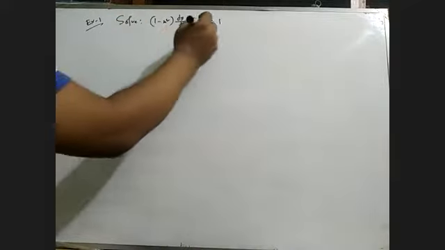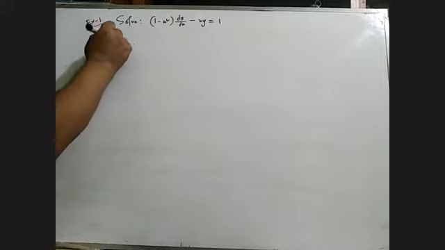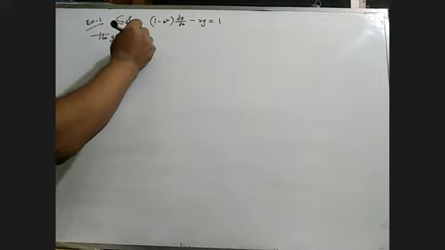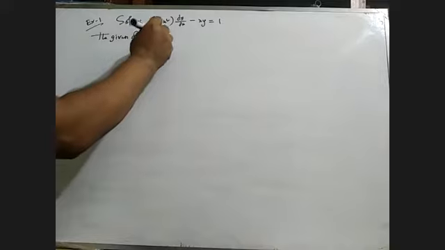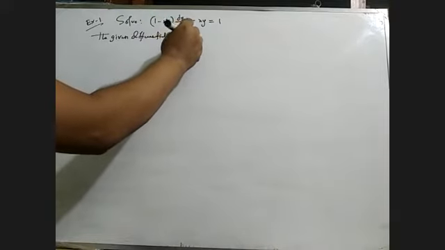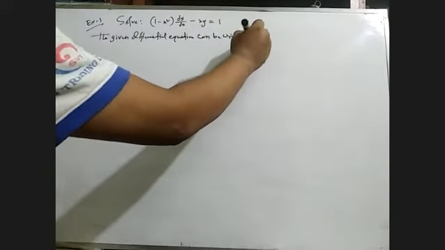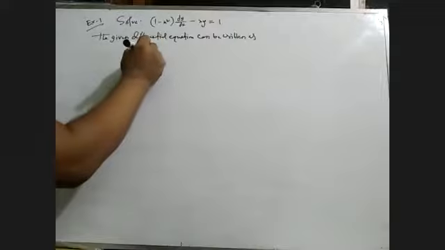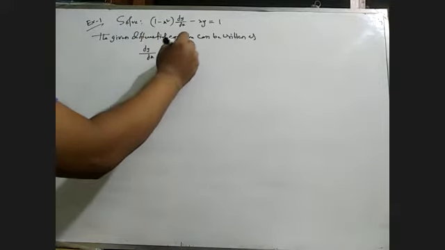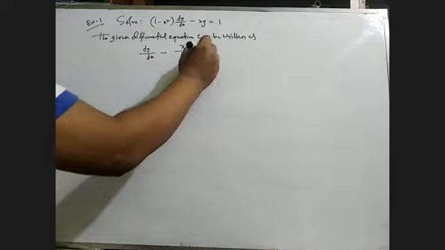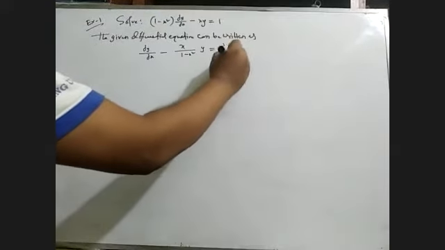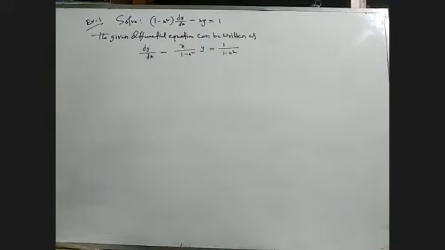The given differential equation can be written as dy/dx minus x divided by (1 minus x square) times y equals 1 by (1 minus x square). Just dividing by 1 minus x square on both sides.